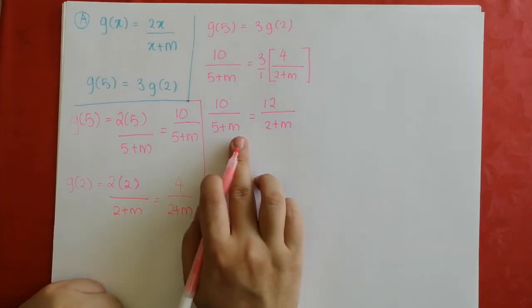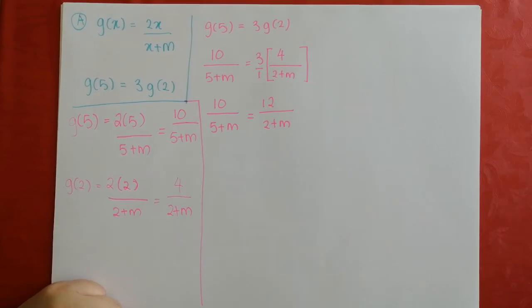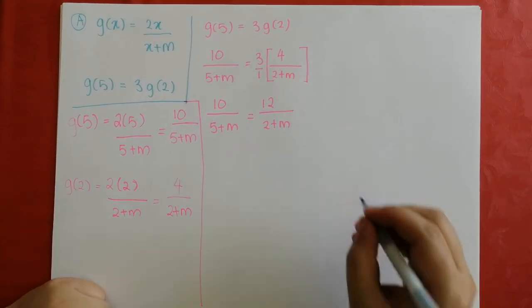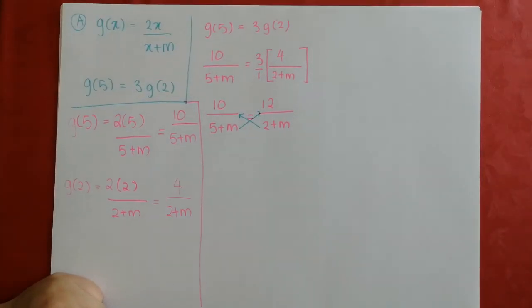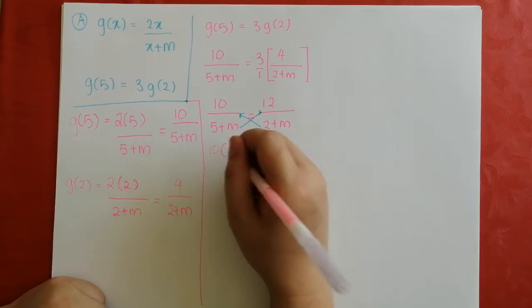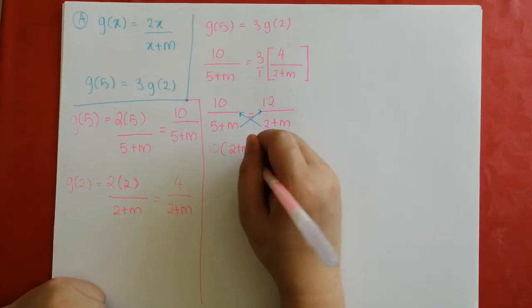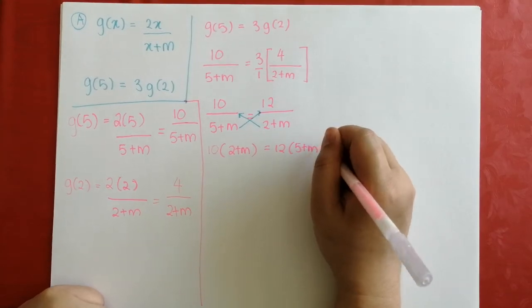What happens next? We can do cross multiply there, because both sides are a single fraction. Therefore you have 10 bracket 2 plus m equals 12 bracket 5 plus m.